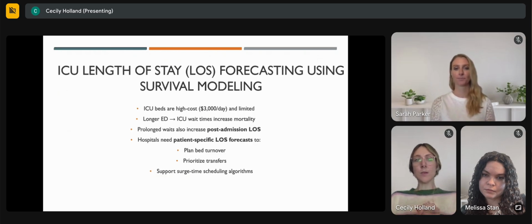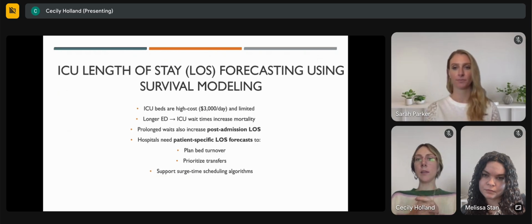Okay, so moving into the ICU length of stay forecasting, we use survival modeling for this because ICU beds are very high cost. They're about $3,000 per day, and they're a limited resource across regions and hospital systems. So the longer the wait from the emergency department to the ICU, the higher increased mortality risk for that patient.